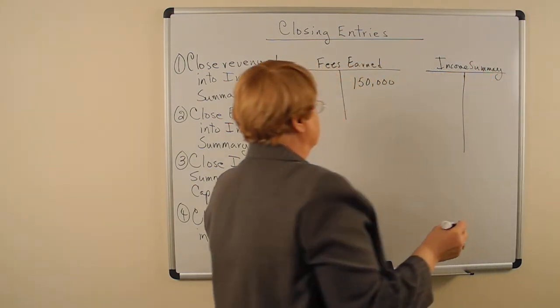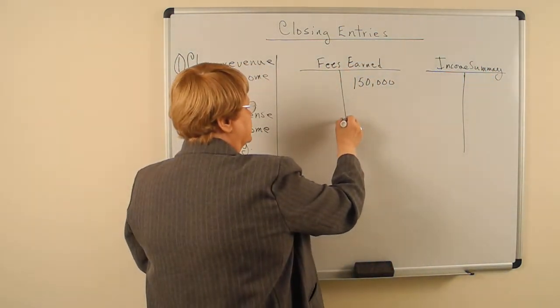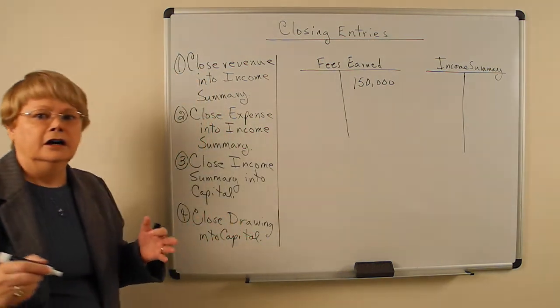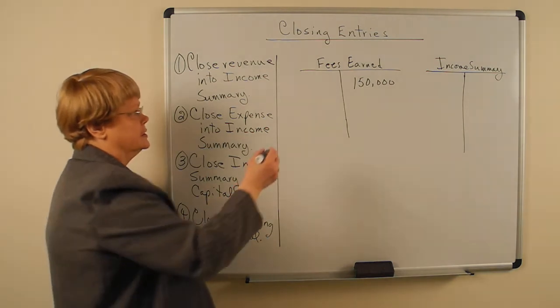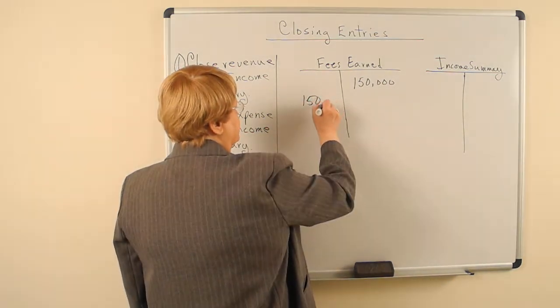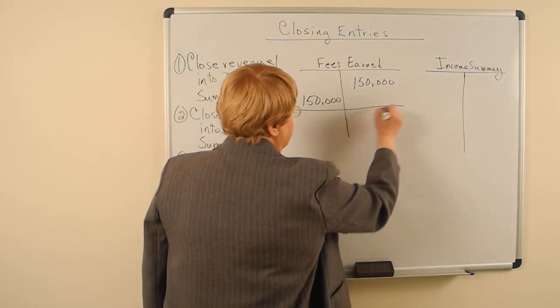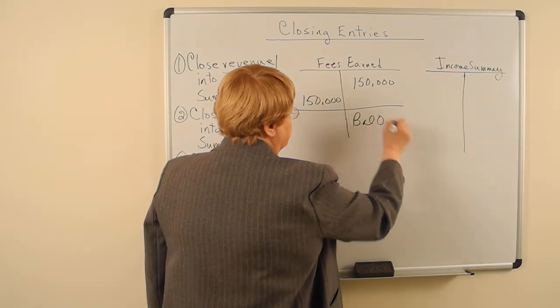To close the account, your entry is always going to be the opposite of the balance that you have, because to close it we would have to debit it, and that would bring our balance down to 0.